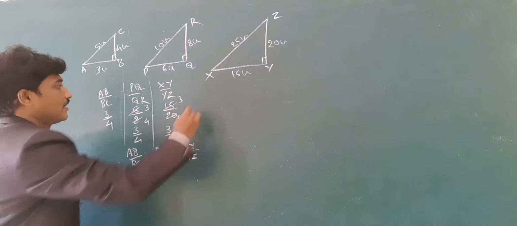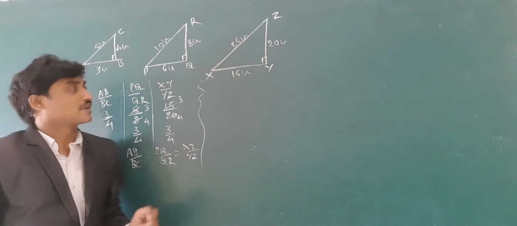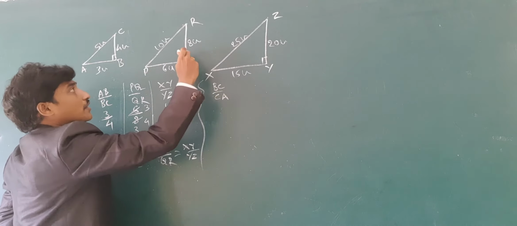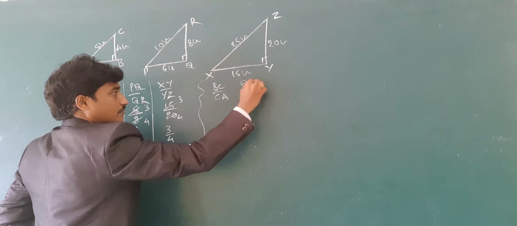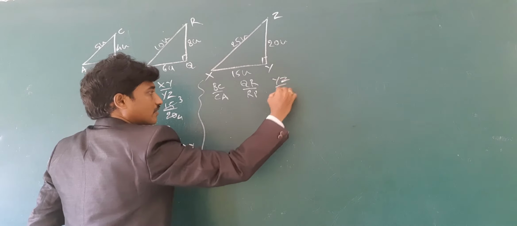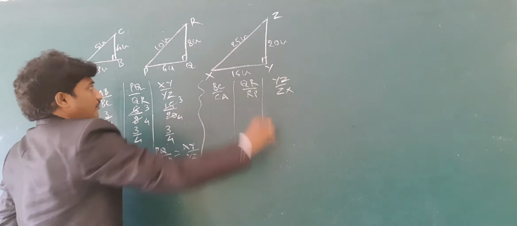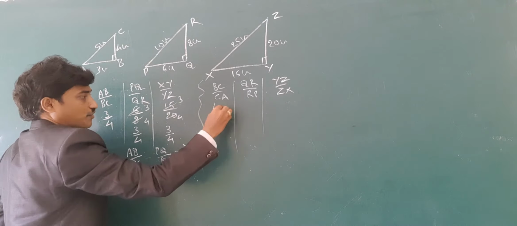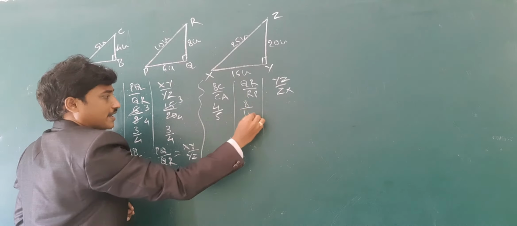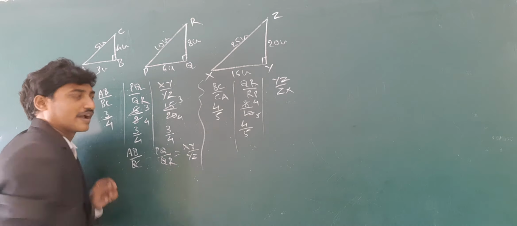On the other hand, I am taking these two sides: BC by CA, QR by RP, YZ by ZX. Here BC by CA, that is 4 units by 5 units, that is 4 by 5. QR by RP, that is 8 units by 10 units, 8 by 10. 2 4s are 8, 2 5s are 10, so its value is 4 by 5.